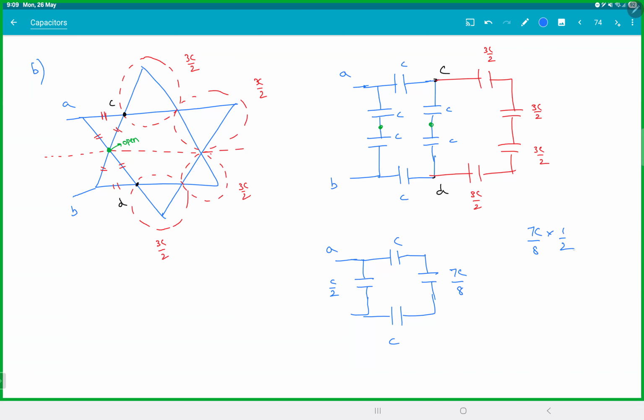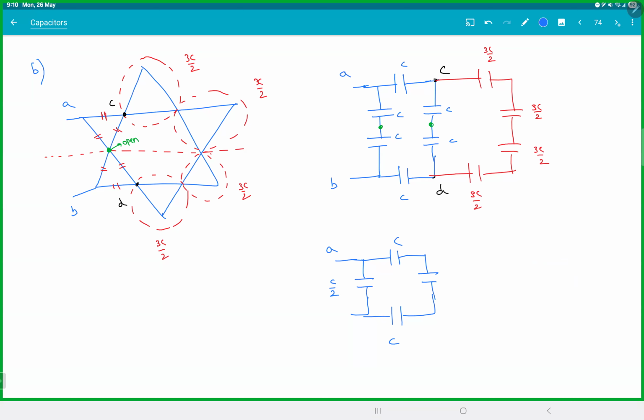I'm doing this mistake into half by 7 by 8 plus half. 4 and 8. 7C by 11. 2 plus 7 by 2. Anyone got something? I'm not getting calculations.